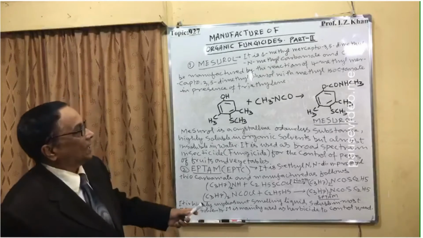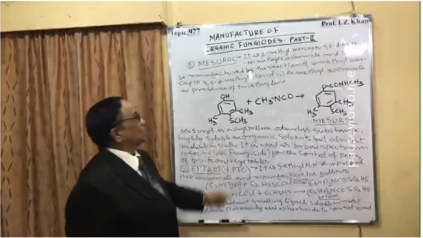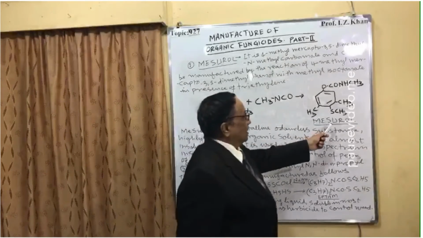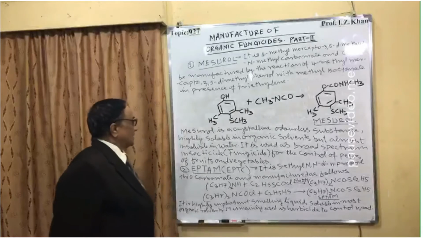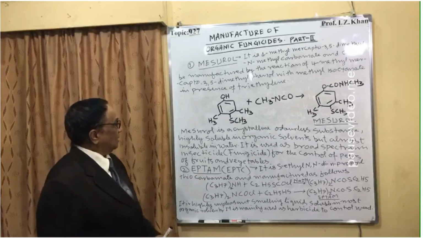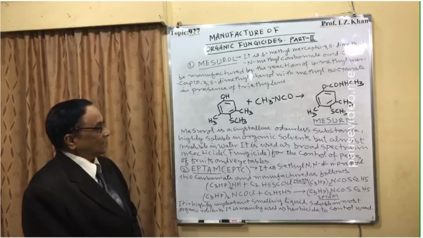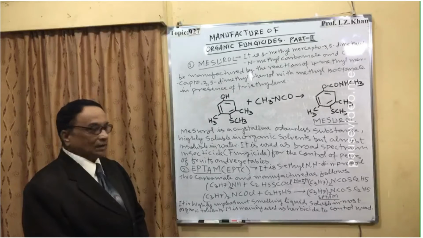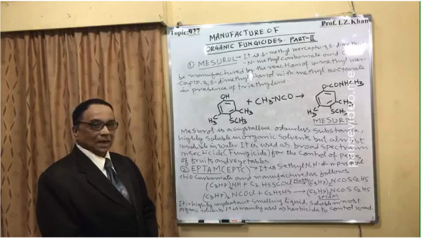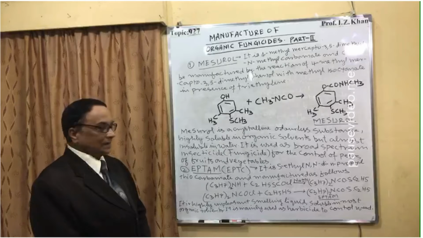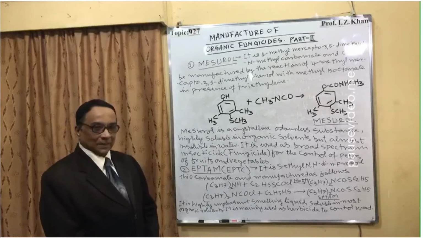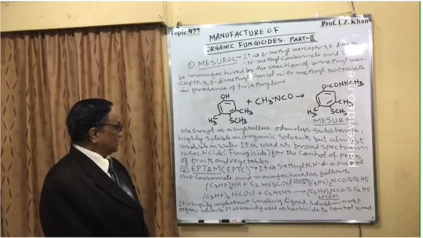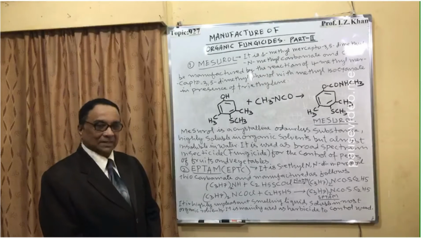So this is your isocyanate and this is your carbamate, and when these two react, you will get Mesurol. Mesurol is a crystalline, odorless substance, highly soluble in organic solvents but almost insoluble in water. It is used as a broad spectrum insecticide and fungicide for the control of pests of fruits and vegetables.